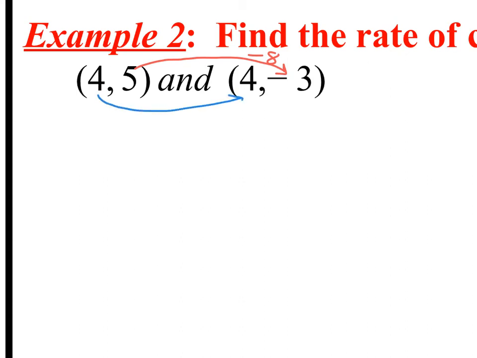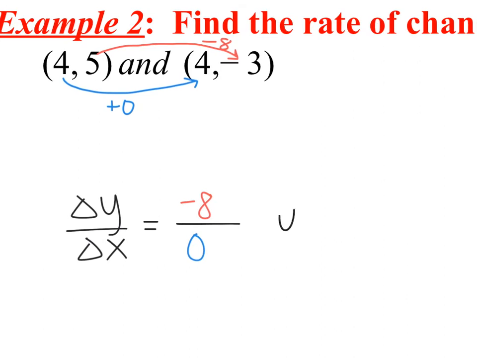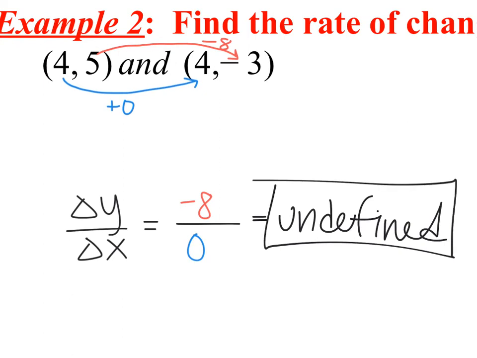To go from 4 to 4, nothing happens, so 0. So my change in y over my change in x is -8 over 0. Not possible. You cannot divide by 0, so then you have to say undefined. So this actually ends up being 2 points on a vertical line.